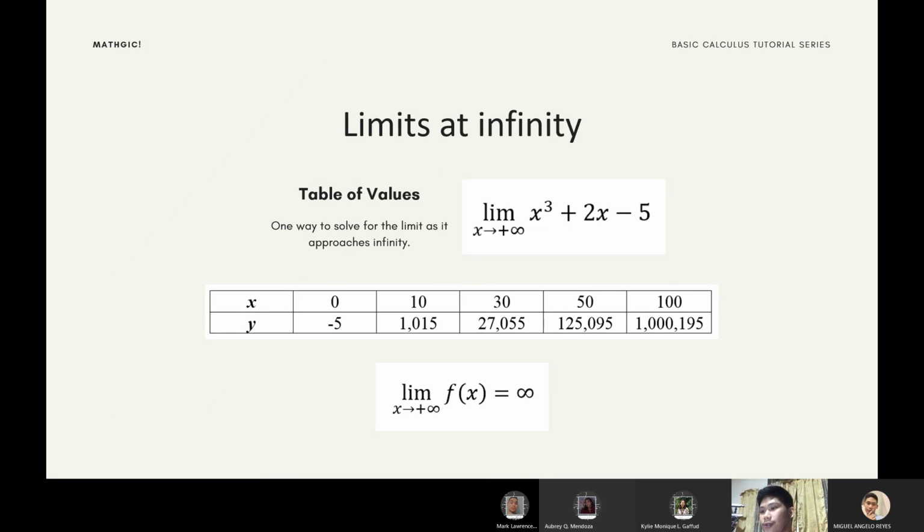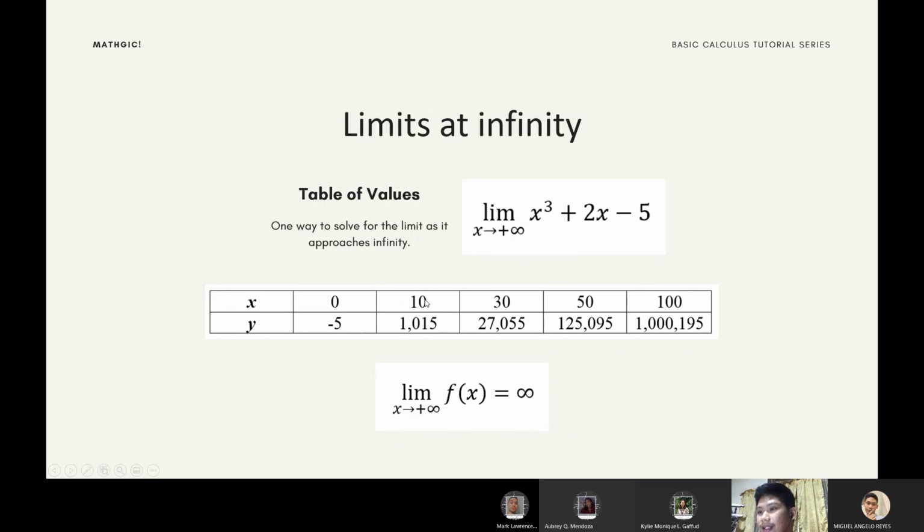This is the given example: the limit of x cubed plus 2x minus 5 as x approaches positive infinity. To solve this, just follow this. 0 cubed plus 2 times 0 minus 5 is equal to negative 5.